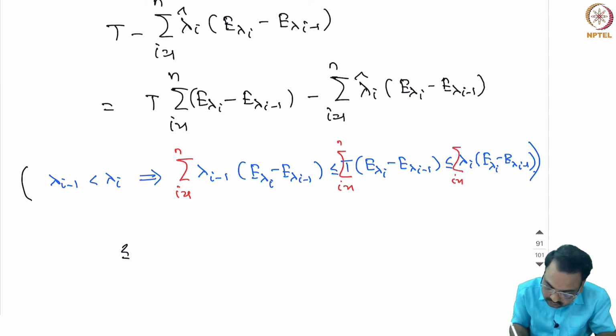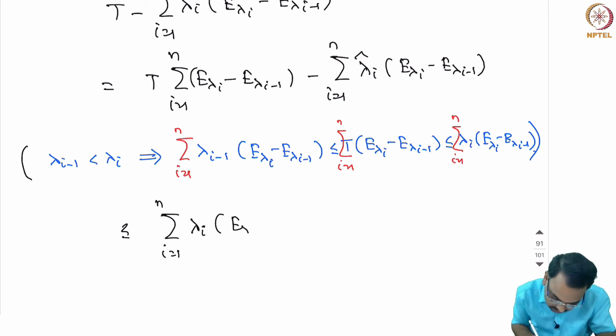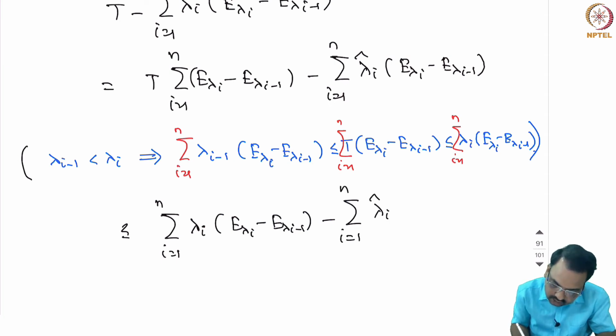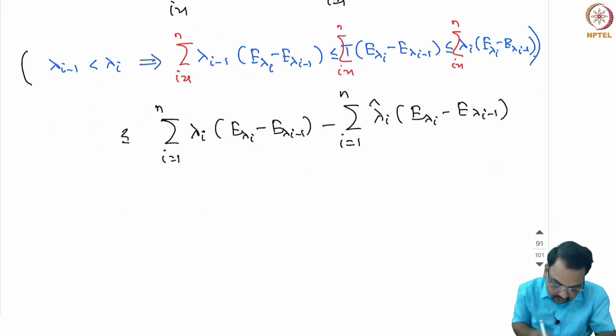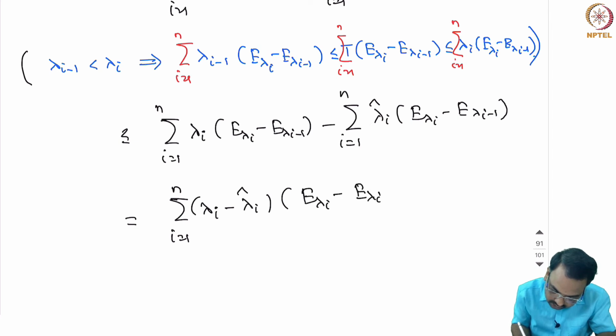So if you look at it now, using this we can say that the above first operator is less than or equal to summation i equal to 1 to n lambda i E lambda i minus E lambda i minus 1 minus summation i equal to 1 to n lambda i hat E lambda i minus E lambda i minus 1, and this is nothing but summation i equal to 1 to n of lambda i minus lambda i hat into E lambda i minus E lambda i minus 1.